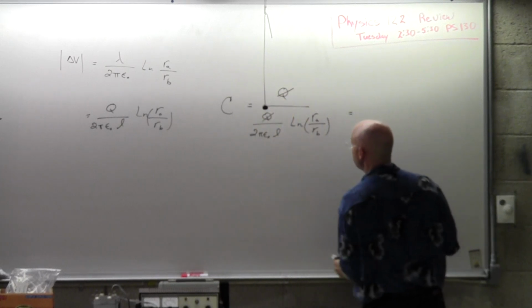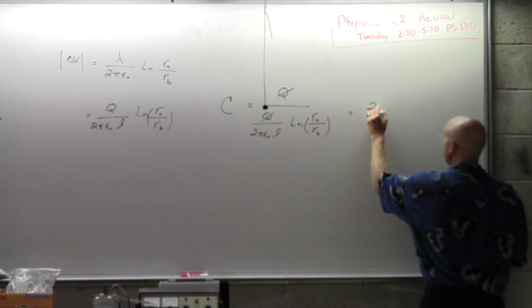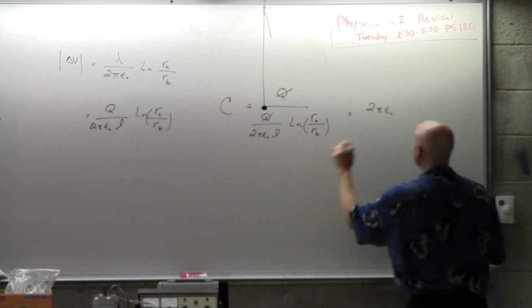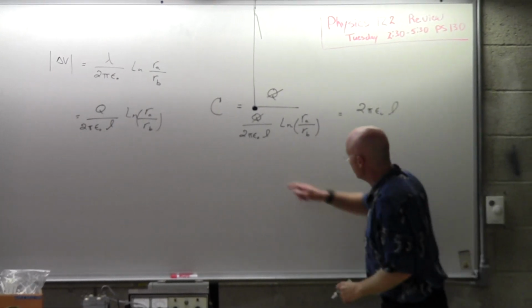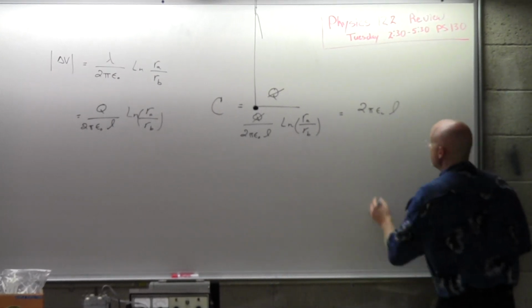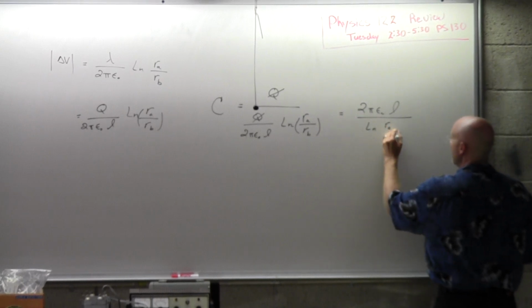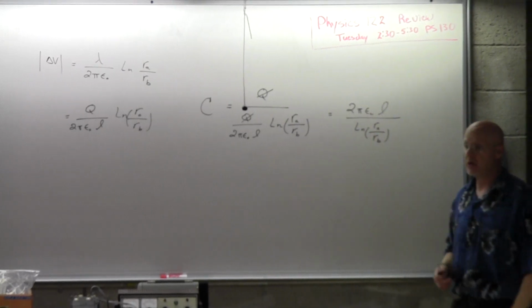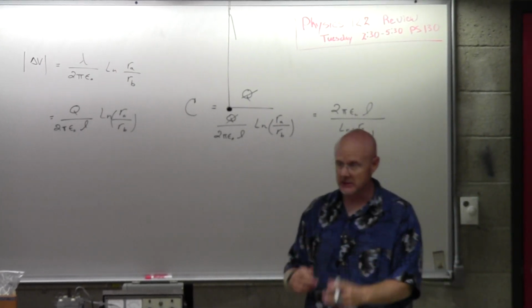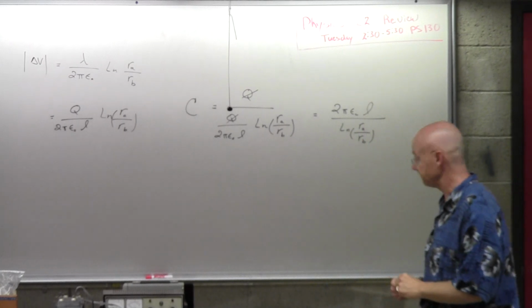And so the Q's cancel off. The denominator flips over, and then I have an ln of RA and RB. And so there's the equation for my capacitance of this capacitor.